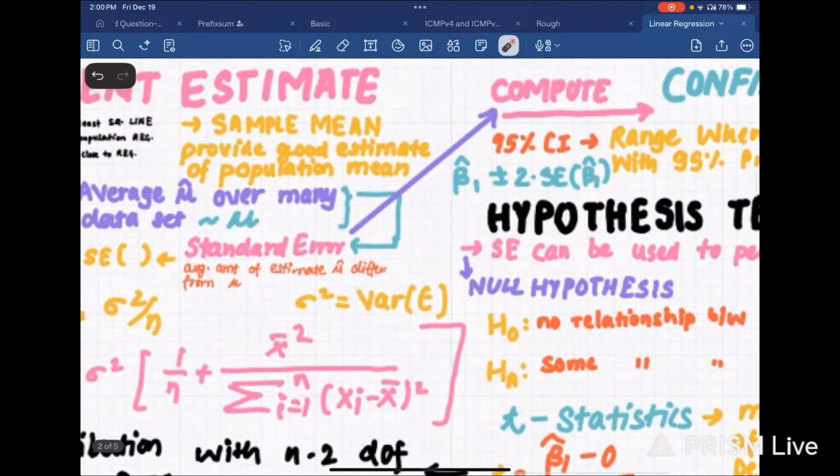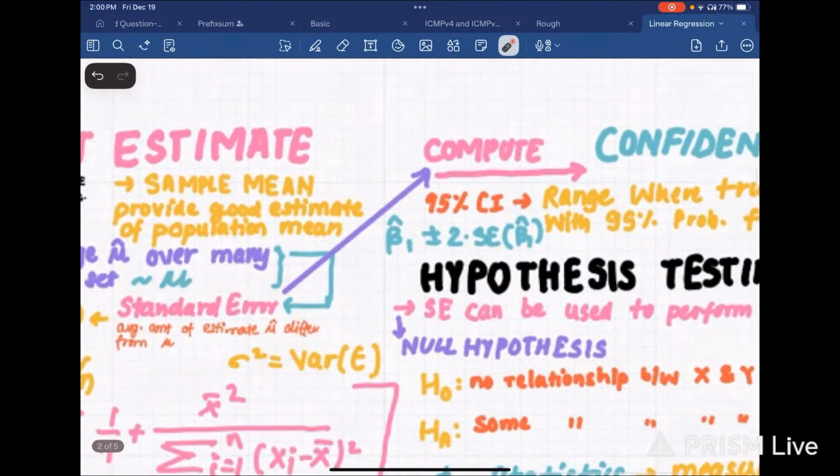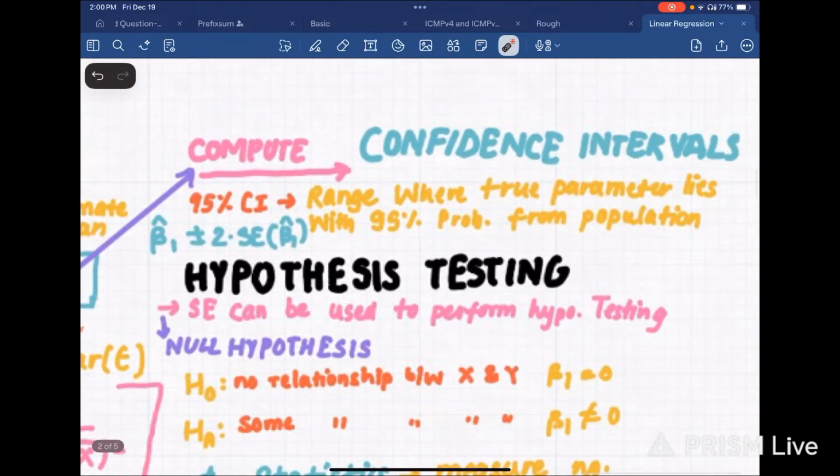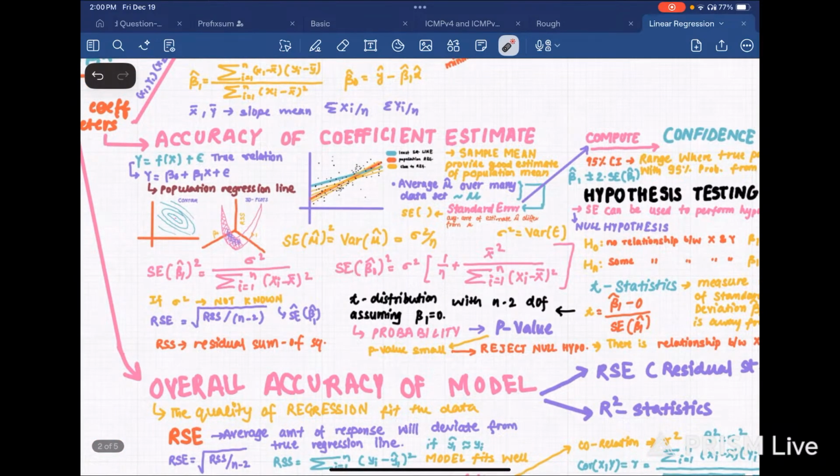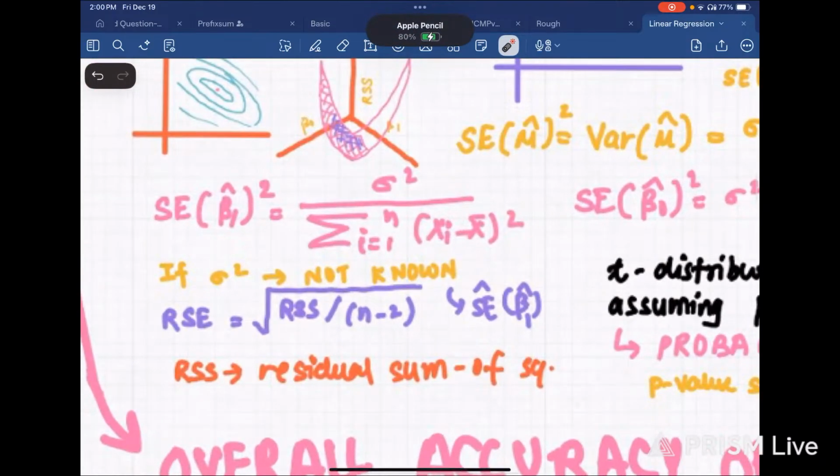So what we have seen is that from the standard error, we will compute something called the confidence interval. One more thing is also important: if the standard deviation, or the variance, is not known to us, we can use RSE.